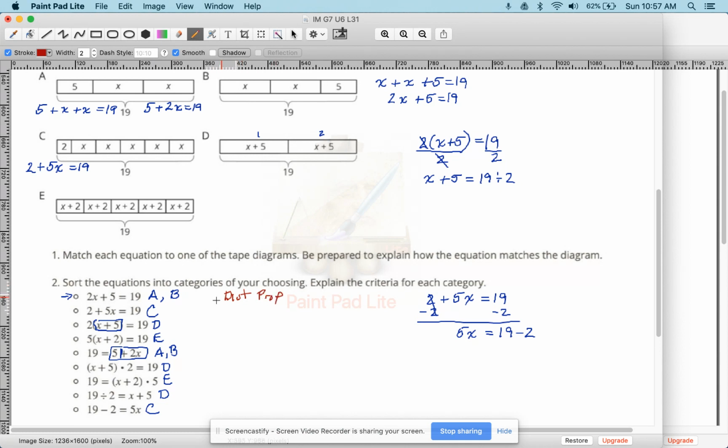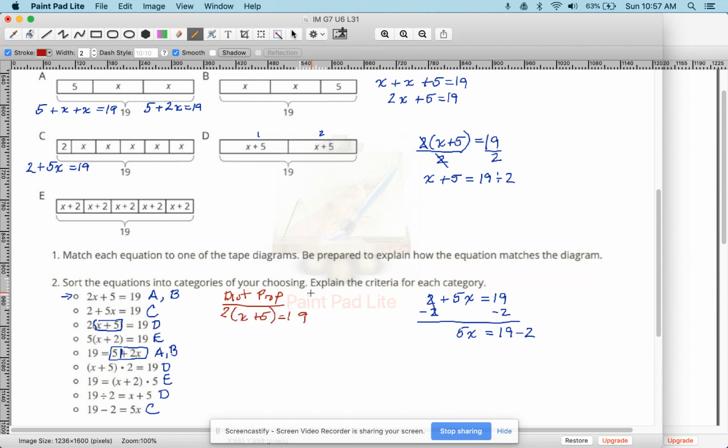Okay, so if I have equations that can use the distributive property, I'm just going to list them. Well, I don't want to list them. Let me do it this way. Let me write out the equation. So I've got 2 times x plus 5 equals 19.